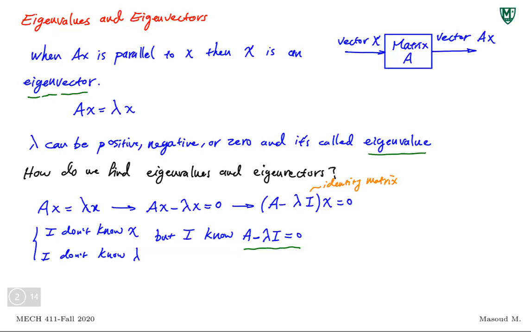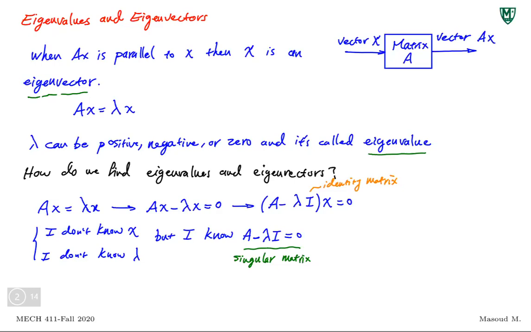But this tells me that A minus lambda I is singular. It's a singular matrix because it's equal to 0 here, right? Singular matrix. Now, some of you might remember, what is one property of a singular matrix?